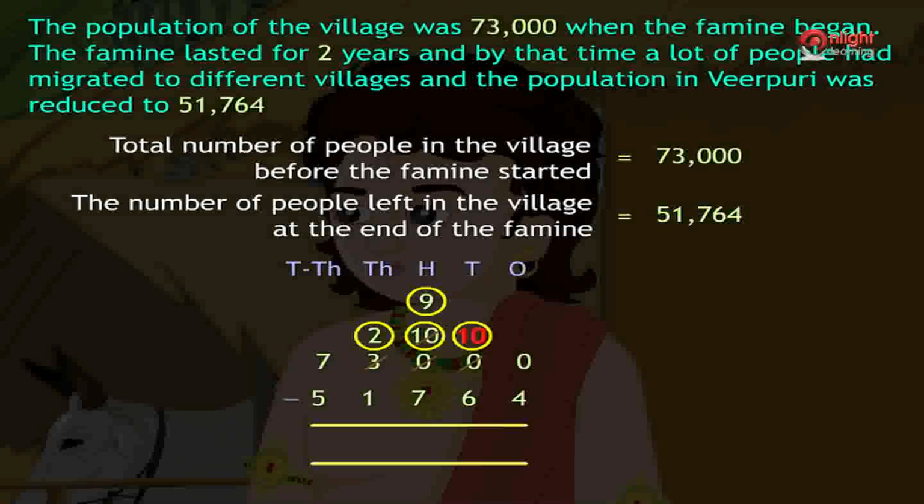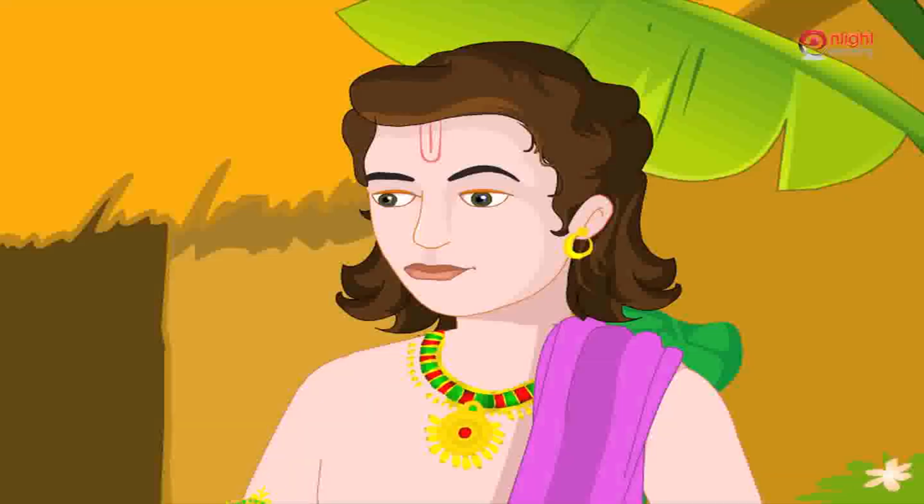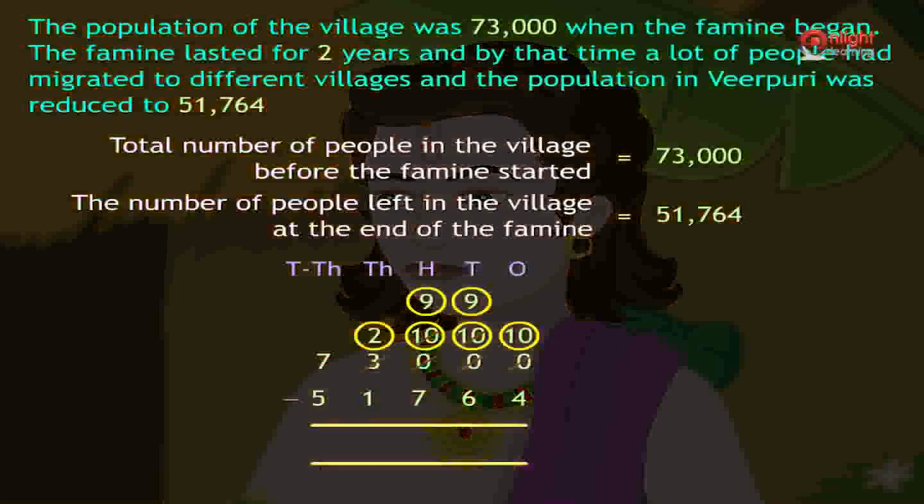So, the 10 in tens place gets reduced to 9 and the 0 in units place changes into 10 ones by taking the 10 it borrowed. Now the larger number 73,000 changed as 7 in 10,000s place, 2 in thousands place, 9 in hundreds and 9 in tens place and 10 in ones place.